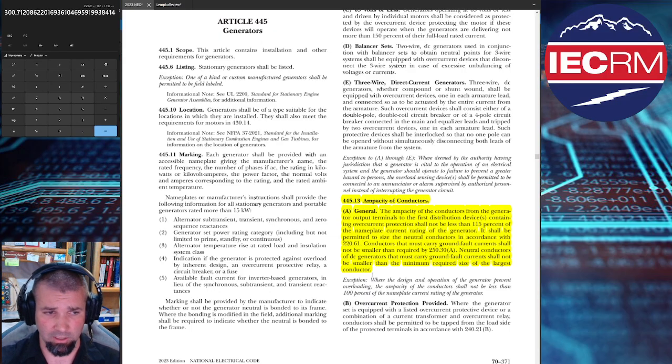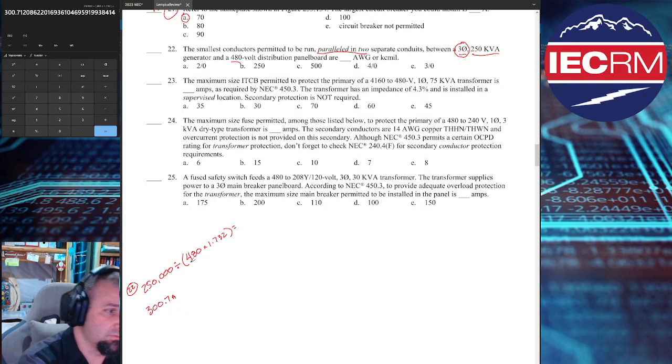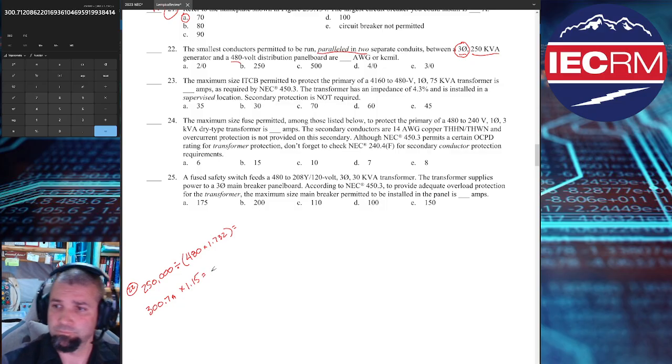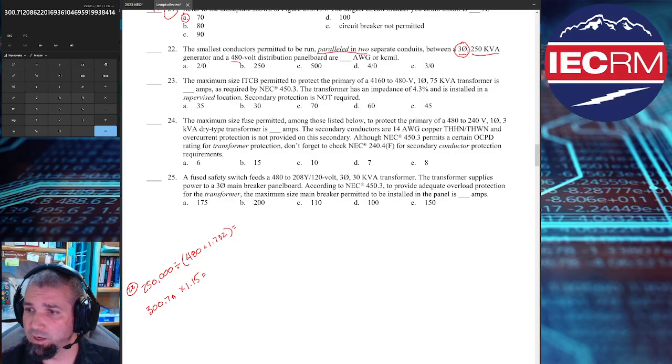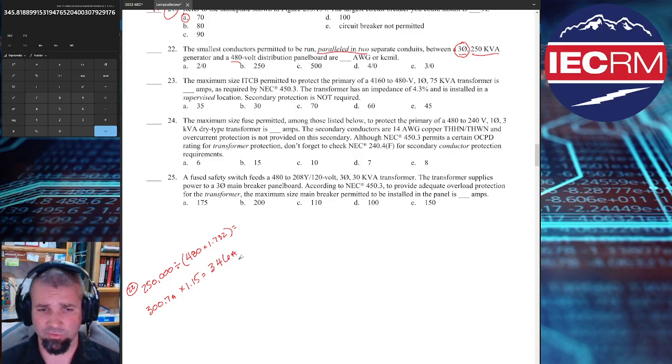Okay, so the nameplate current rating of the generator is what we just calculated. So we will just increase that by multiplying by 1.15. Okay, so we're going to beef that up a little bit. Times 1.15 equals 346 amps. That is the current we need a conductor for.